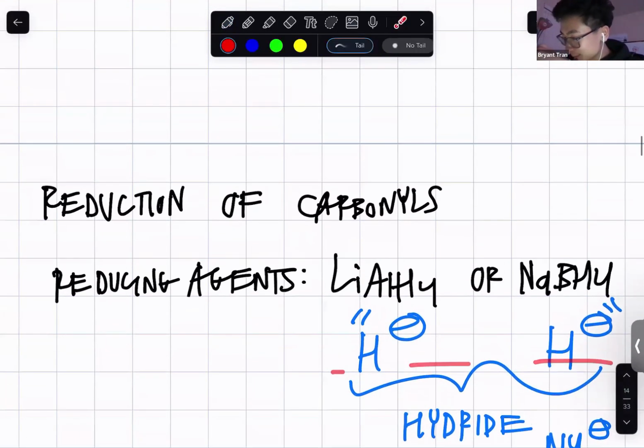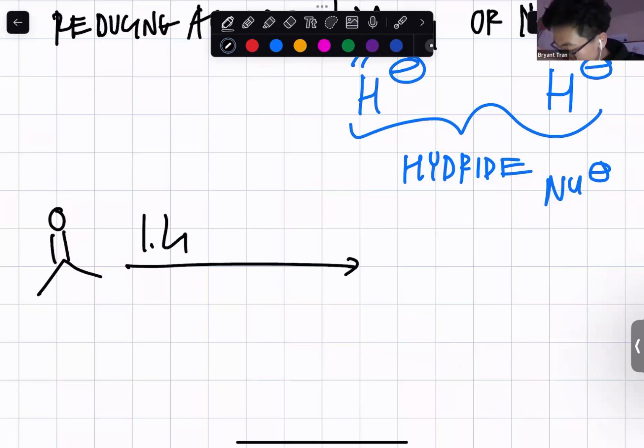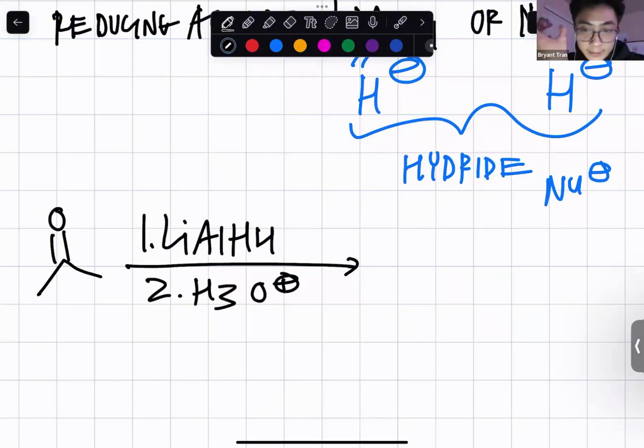So now, let's say we bring in a basic carbonyl like this, and we react it with first step, LiAlH4, second step, H3O+. I'm going to show you the tricks and tips on how to predict the product quickly without doing the mechanism, to save time on the test, or if you don't have time to study the mechanism. This is what I do.